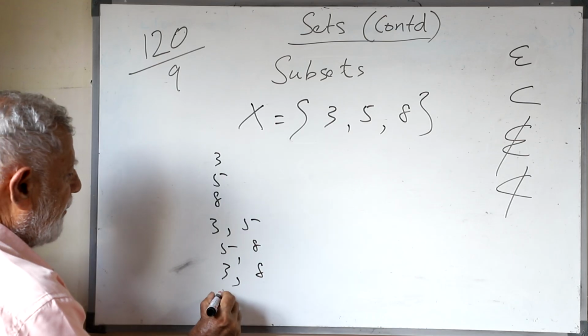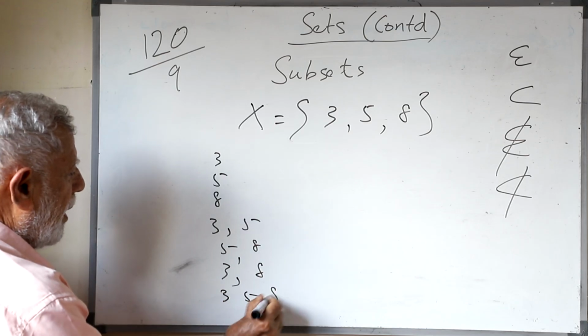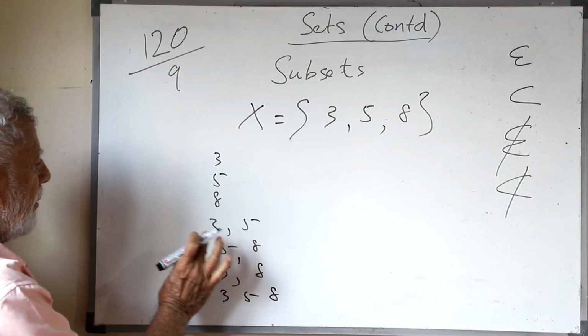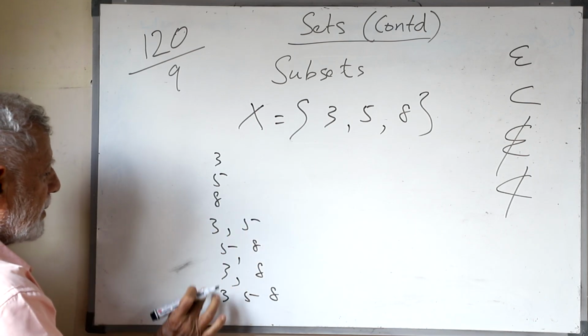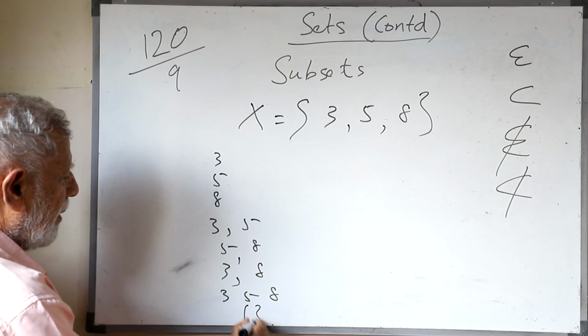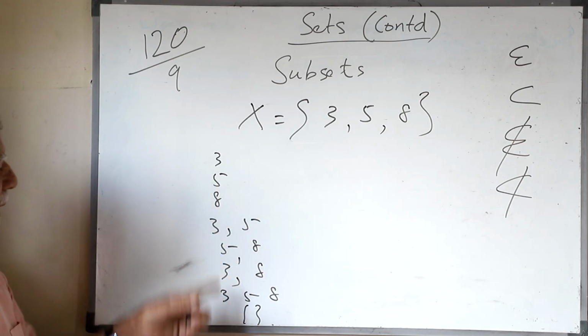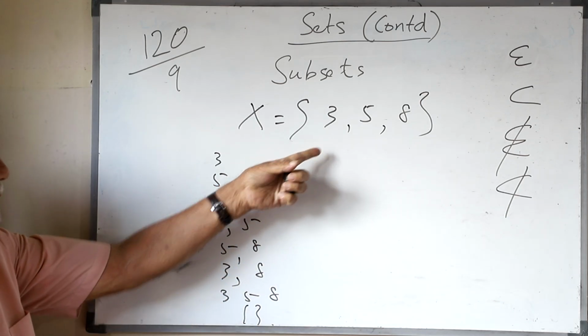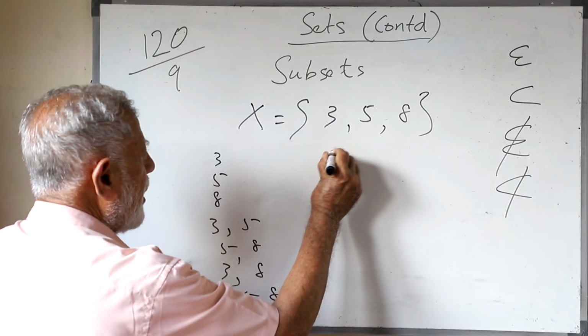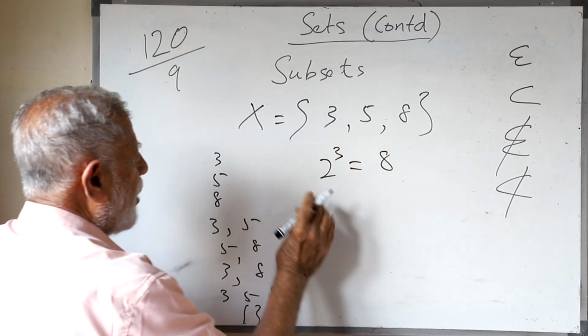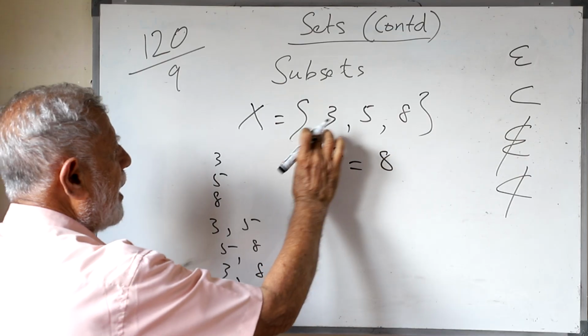And {3, 5, 8}. So how many? 1, 2, 3, 4, 5, 6, 7, and an empty set. So altogether we have 8 subsets when it is 3 elements. So it comes as 2 to the power of 3, that is equal to 8. So always the power is the number of elements.